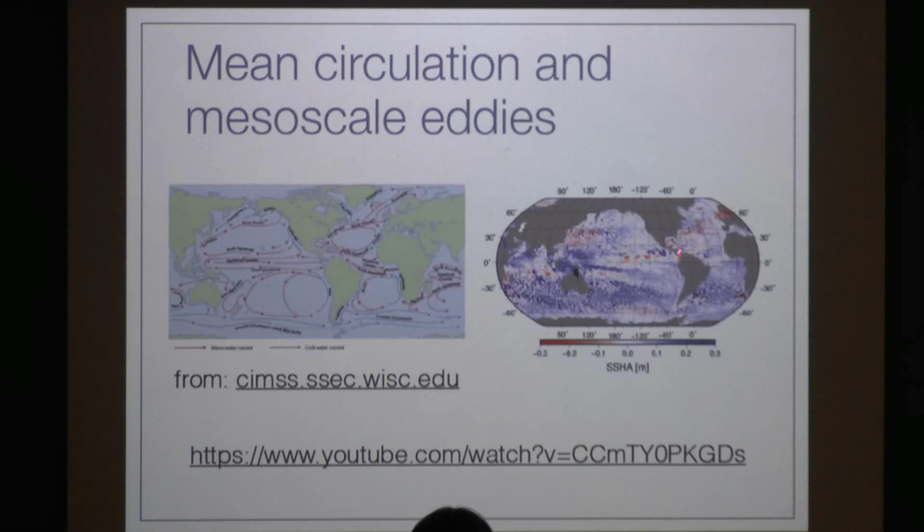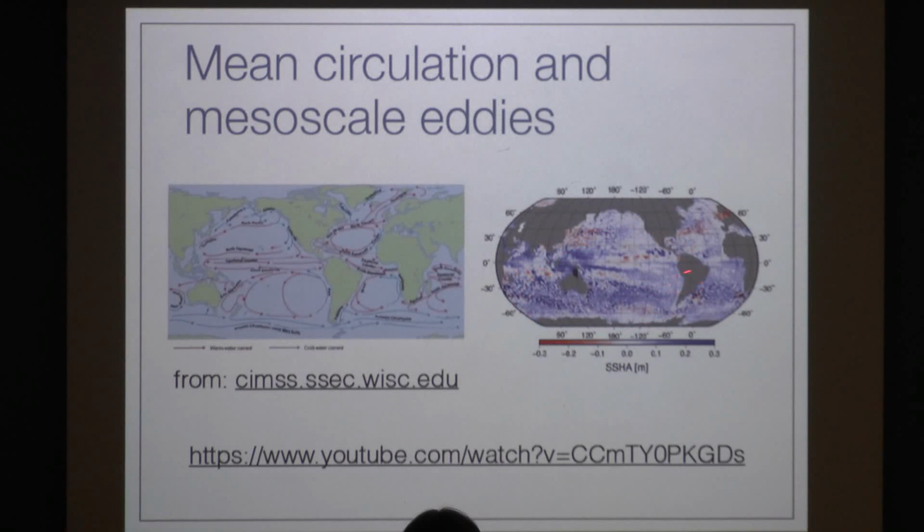This is what you can see from satellite data. What you see is features with horizontal scales spanning from 10 kilometers to hundreds of kilometers. Those features are the mesoscale eddies. So in the ocean, what you can see is actually just eddies, eddies, eddies.